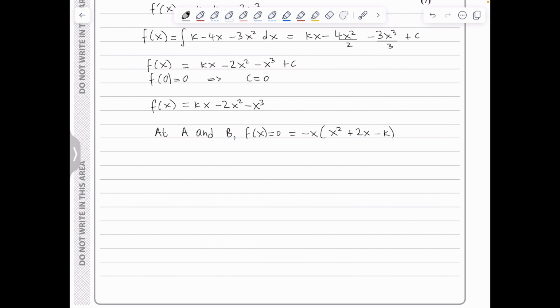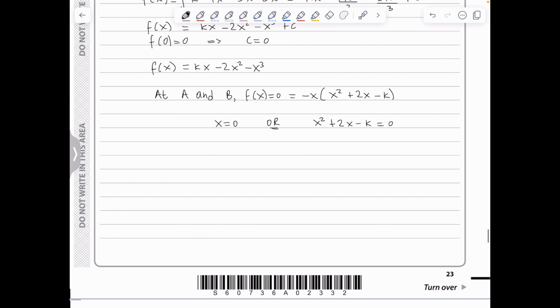So either x is 0, which is obviously the origin, or the interesting part is the x squared plus 2x minus k is equal to 0. And I could use the quadratic formula to obtain solutions for x. So x is minus b plus minus the square root of b squared minus 4ac, over 2a.